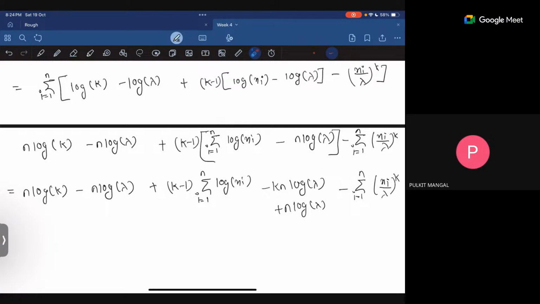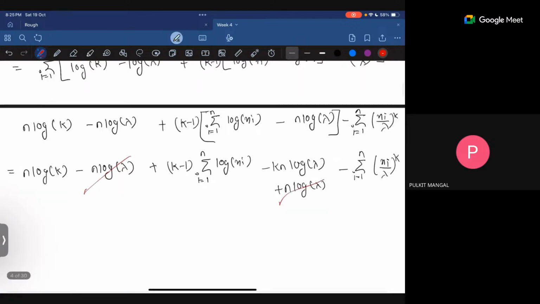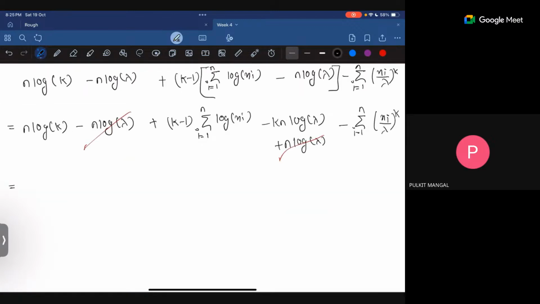Now is there anything that you can cancel out here? This n log lambda is negative, and here we have positive n log lambda, so we can cancel these two out. We will be left with n log k plus, minus, let's keep them here.